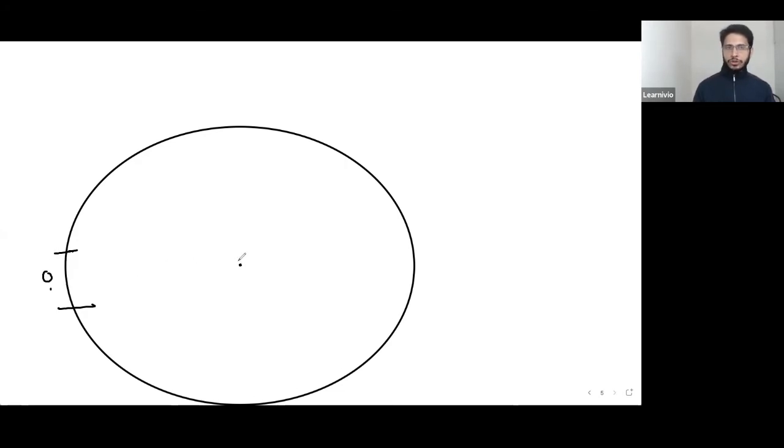Instead of a point source, if you have a line source, then again the cylindrical wavefront is very large. The portion visible to the observer is very small, and that is plane. So that's a plane wave.